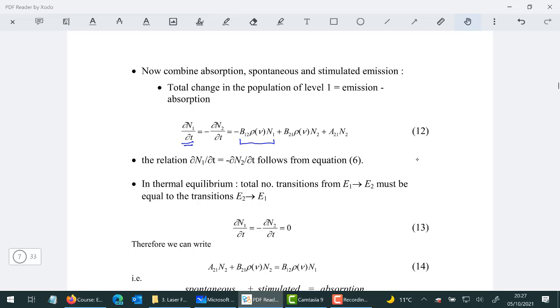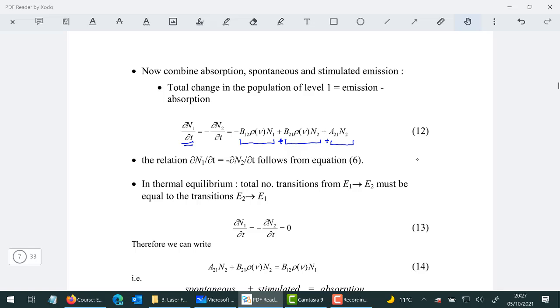So we're losing atoms going from level 1 up into level 2 because the light has been absorbed. We've got a plus sign because we have atoms which are coming down from level 2 into level 1, increasing its number, and that's because of stimulated emission. And we also have a plus sign here for the spontaneous emission, and certain atoms will stay up in level 2 for a certain amount of time and then fall back down again.